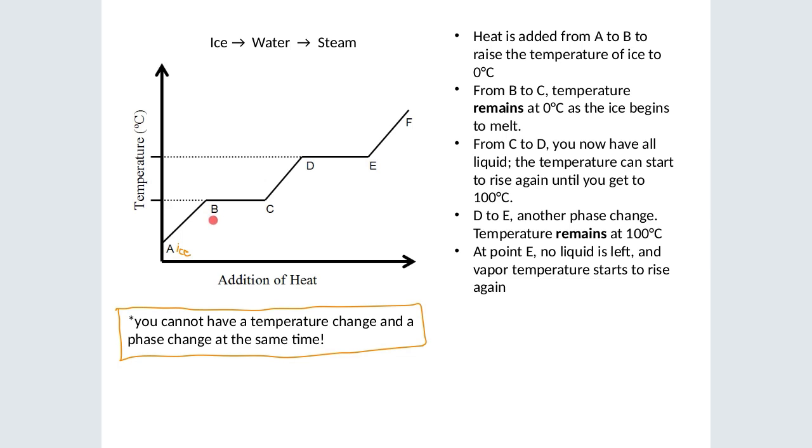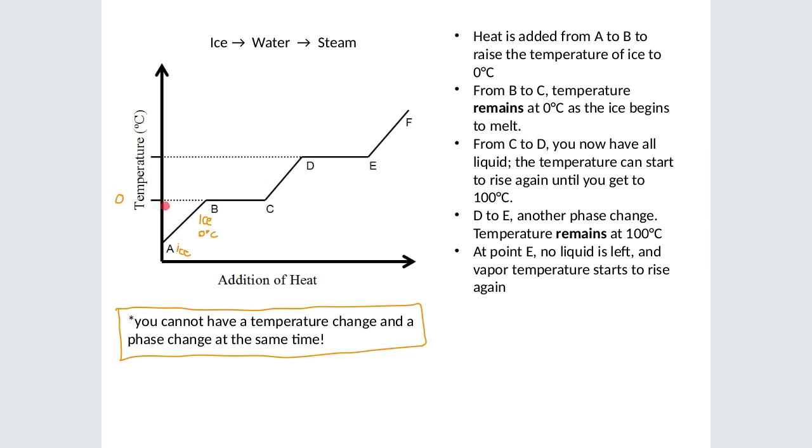So once we get here to point B, I have ice that is at 0 degrees C. And that's important because at 0 degrees C, that's the melting point of the ice. So from B to C, the temperature is going to remain the same. It's going to remain at 0 degrees Celsius. Right?